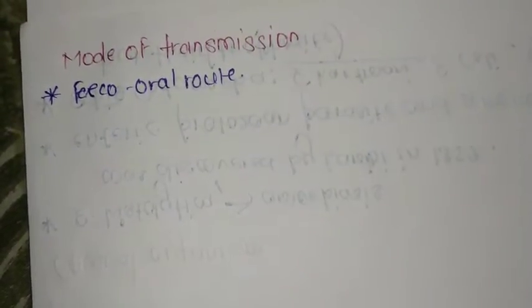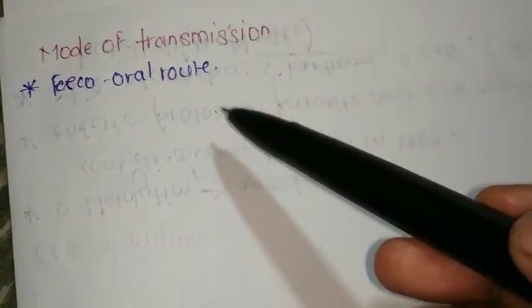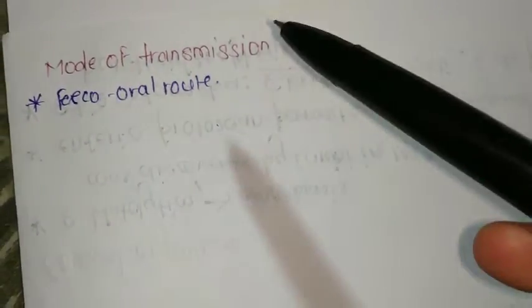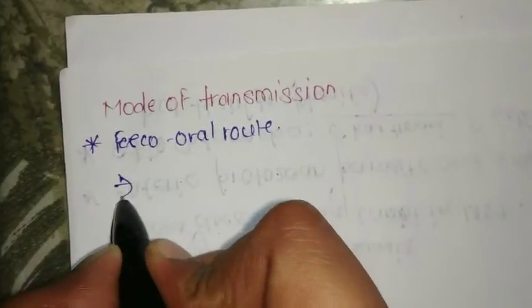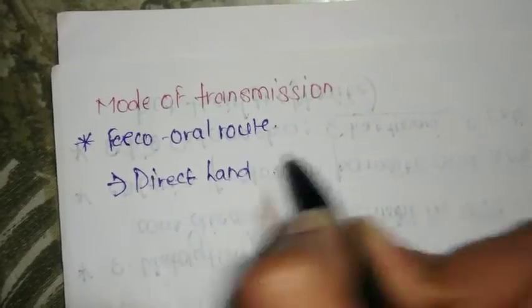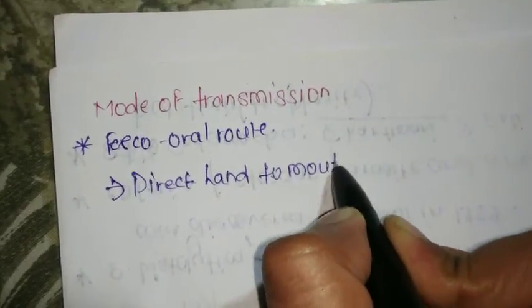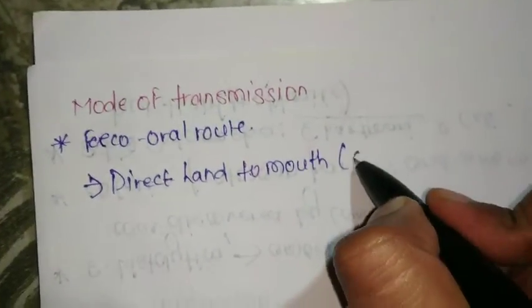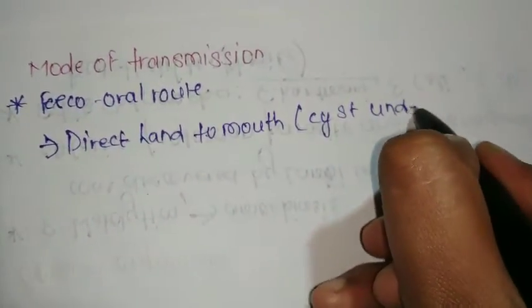When a person has contaminated water or food which may contain quadrinucleated cysts, as I said the cyst is a very infectious form, they may get amoebiasis. Also, if a person does not wash their hands and eats food directly, cysts may be under the fingernails.